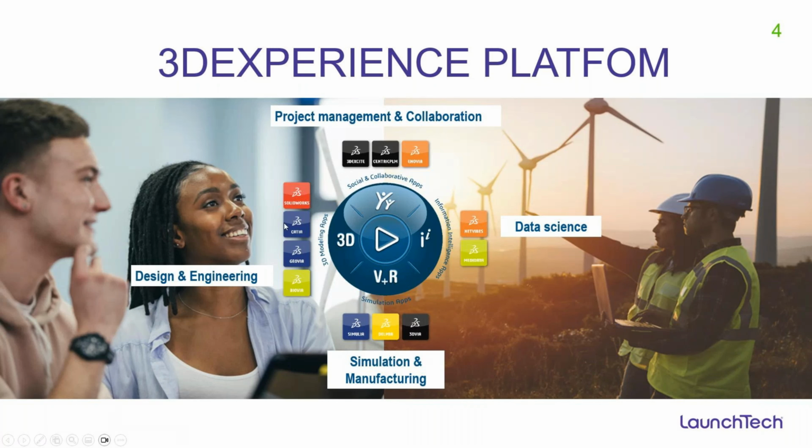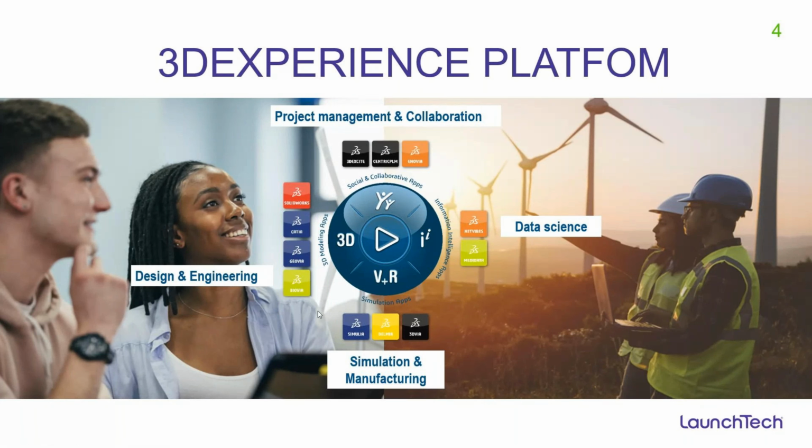Notably here is CATIA, and CATIA is basically the industry leader in terms of very complex design assemblies. And then at the bottom here, just a note, this is where we have our simulation portfolio, inclusive of Simulia, which is our leading brand of simulations.